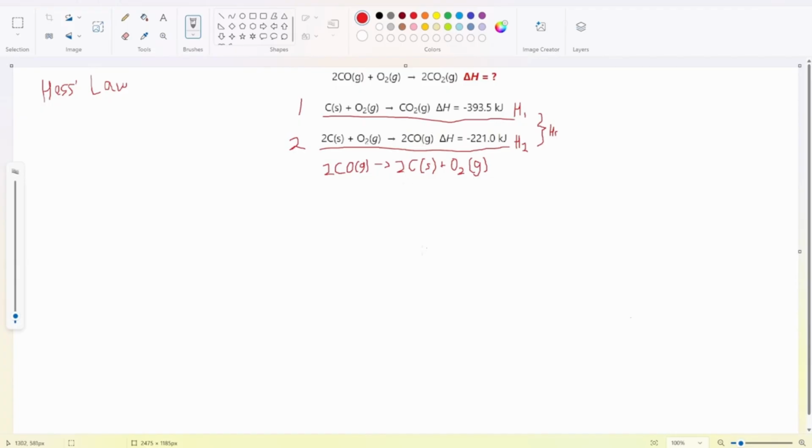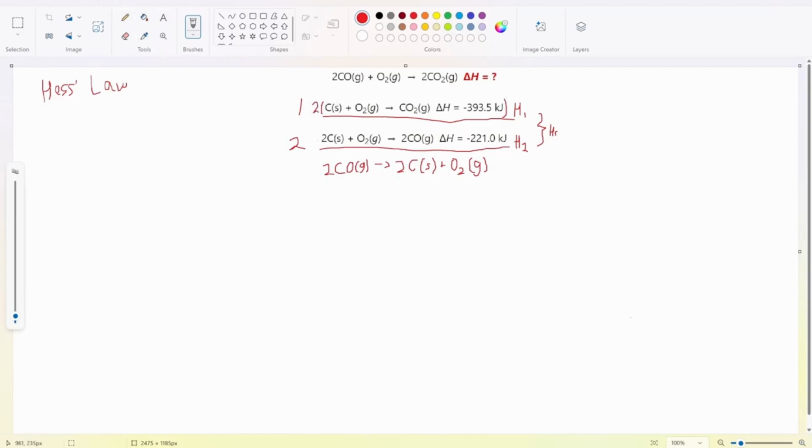So now we have everything in the right spot, right? But we have to go back to equation 1, because if we analyze, this is 1 CO2 and this is 2 CO2s. So my mistake, we have to double it. We have to multiply everything by 2, right?